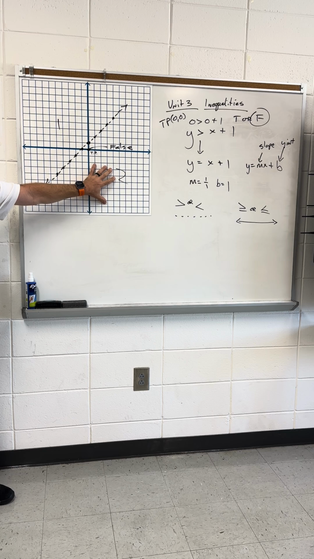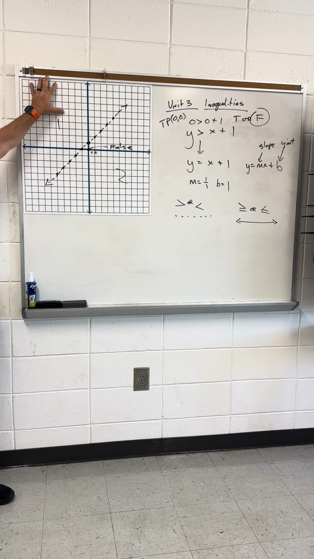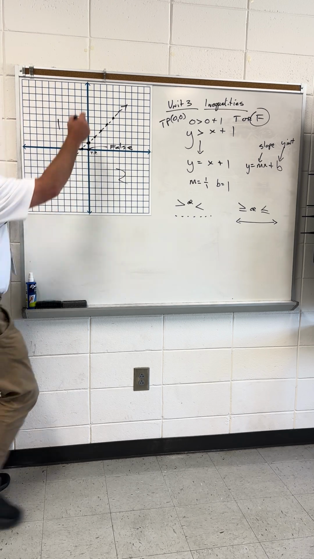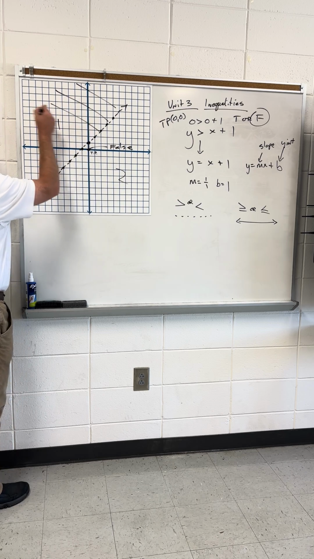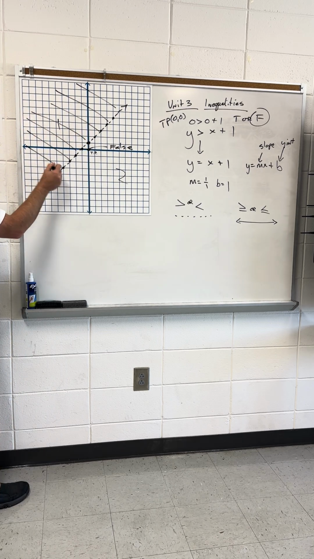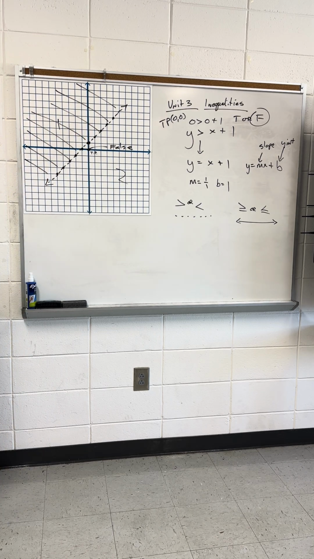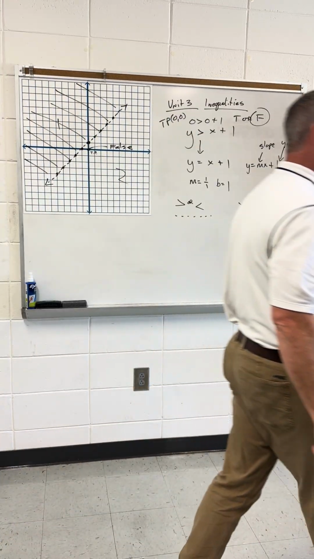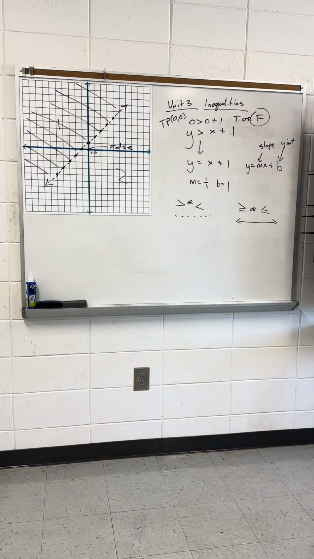If it's false over here, then it must be what over here? True. So I'm going to shade right here. Draw that on your paper, and write this sentence down: you shade the graph where it's true.